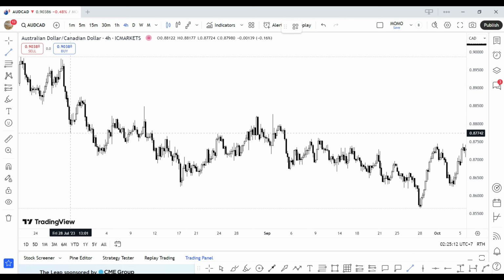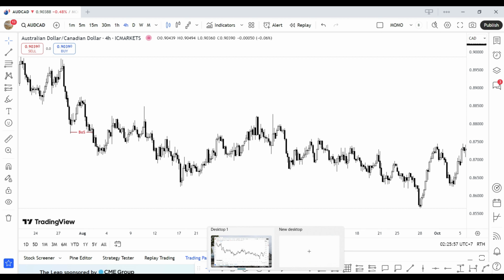Why? I have a break of structure here. Why is this a confirmed break of structure? Because the lower low is broken with a candle body, not just a candle wick. That confirms a break of structure. How do we confirm the new lower high?